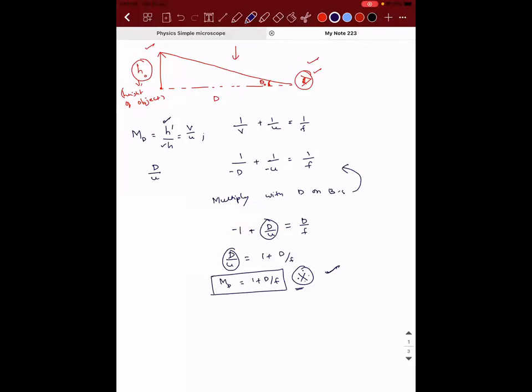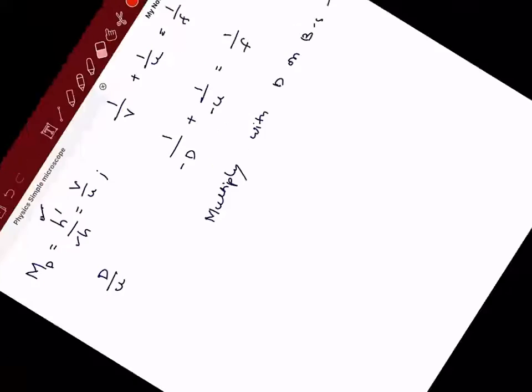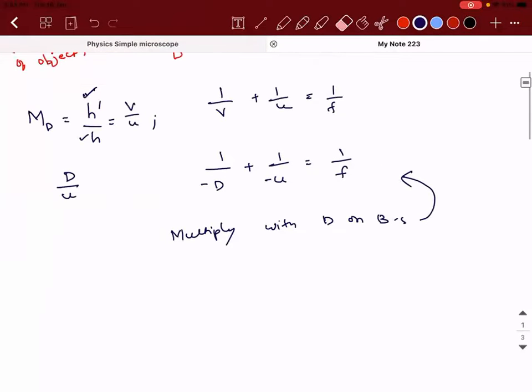Sir, I have a doubt, sir. Tell me. It should be minus 1 minus V by U, right, sir? I made a mistake, sorry.